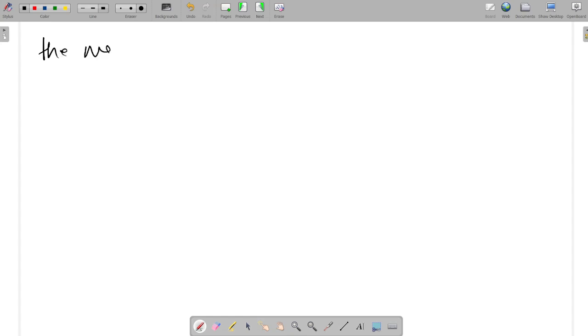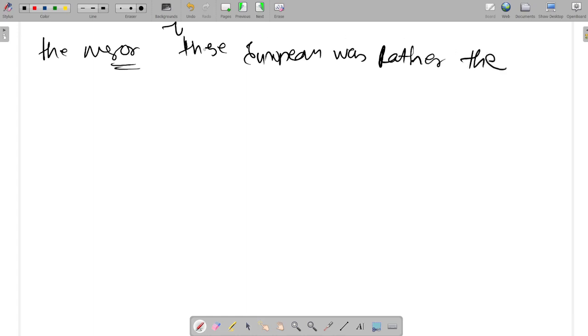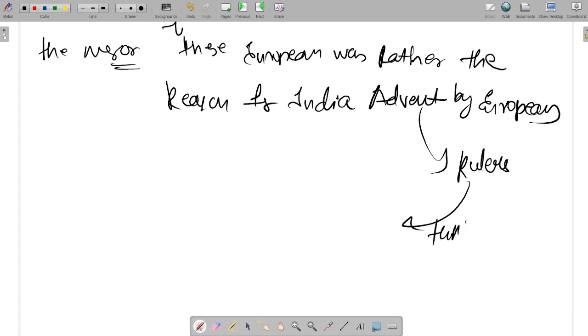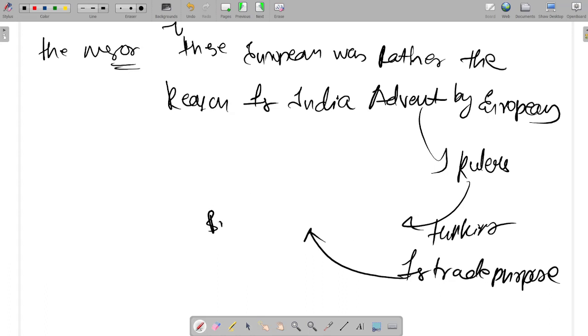The major contribution of these European travelers was rather the reason for Europeans' advent to India, because they influenced the European rulers by their thinking to come to India for trade purpose. And as we know, Britishers came to India for trade and ended up ruling here.